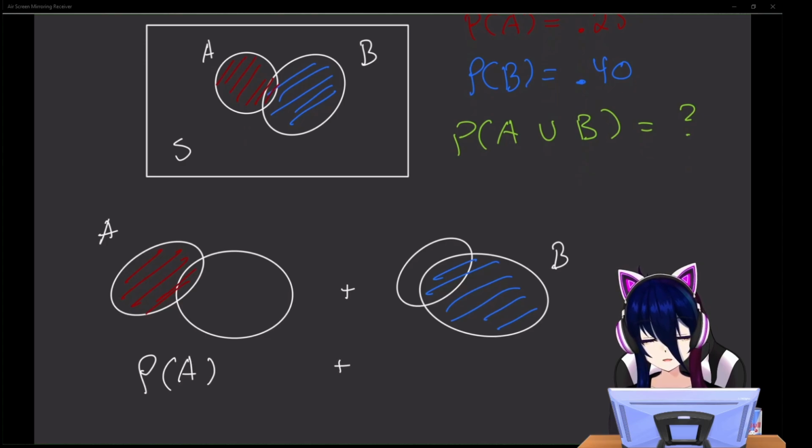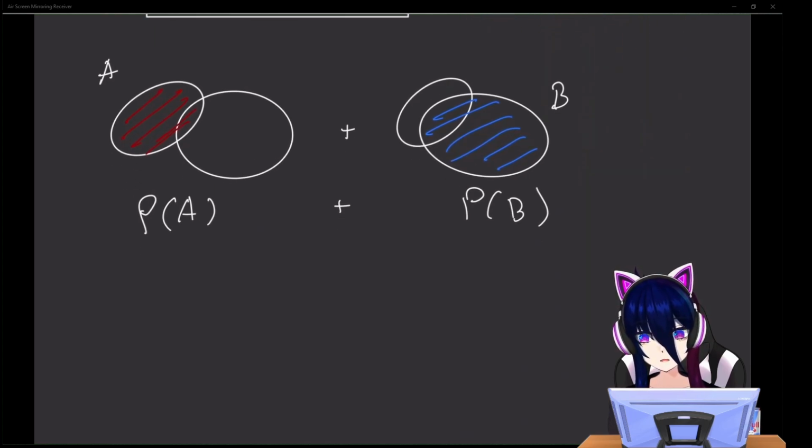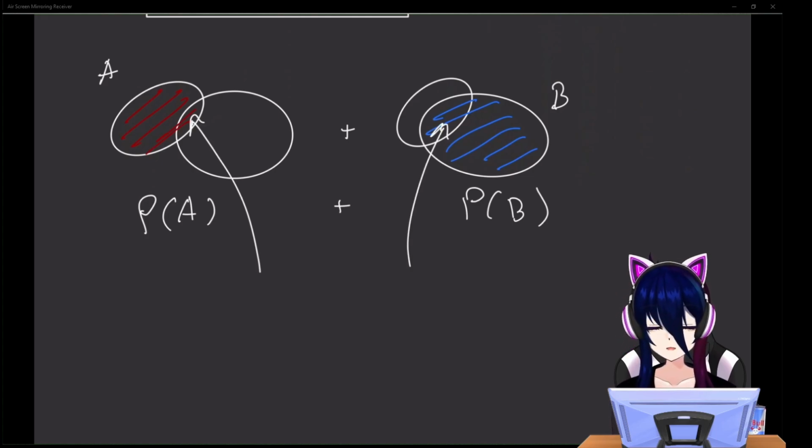Probability of A plus the probability of B. The crossover point, this intersection, we account for it twice because it's in A and it's in B. So, we should remove one of them.